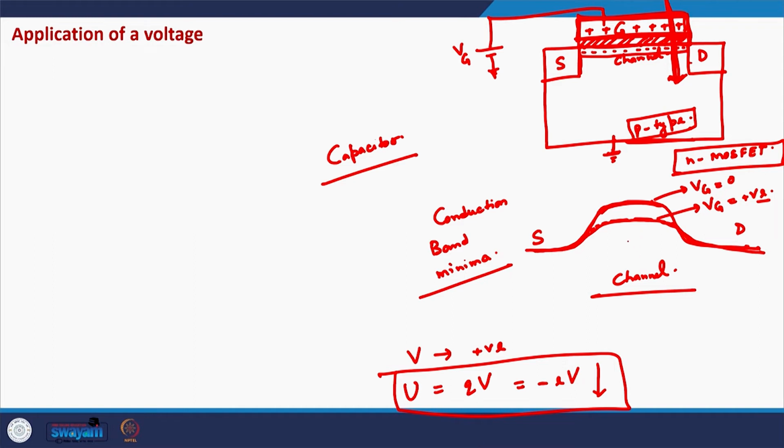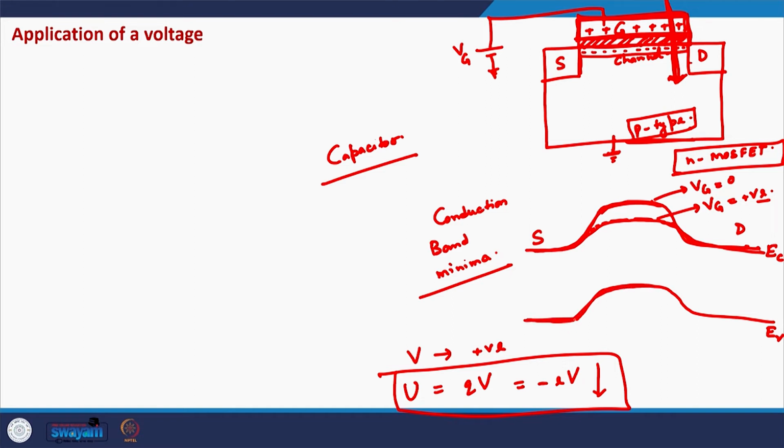Similarly, this barrier on the valence band side will also be reduced. So if we draw this entire band diagram, this is the conduction band edge, this is the valence band edge. When there is no voltage on the gate terminal, this is how the barrier looks.